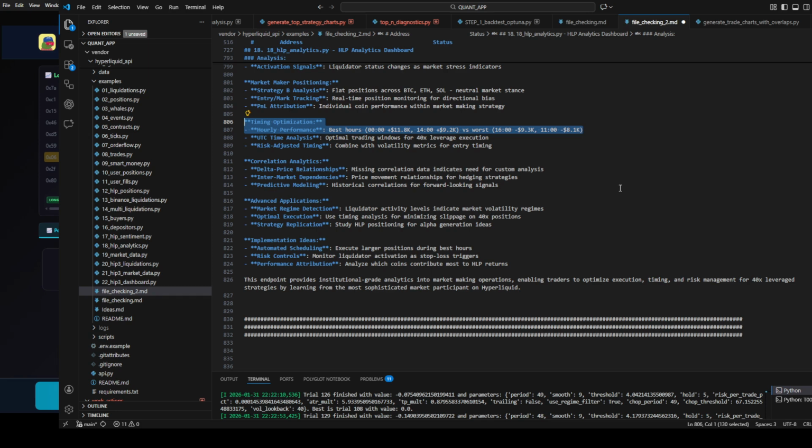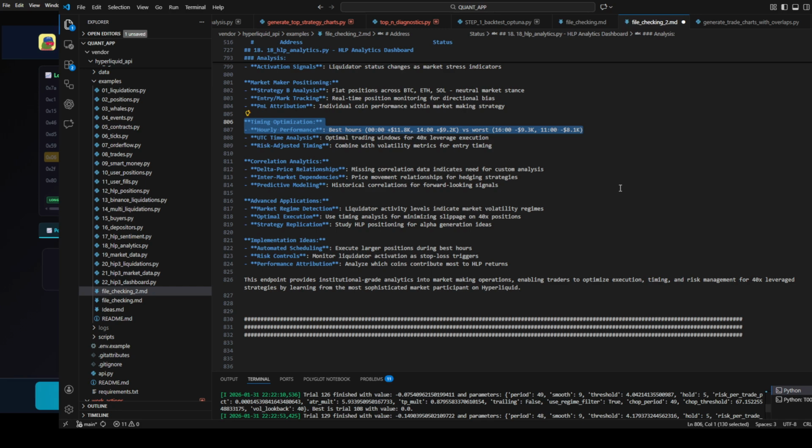Advanced applications: market regime detector. That's what I'm trying to do with my strategy BTs, to detect if I can use a market regime detection in it. We'll see how long these will run because they are pretty heavy BTs.